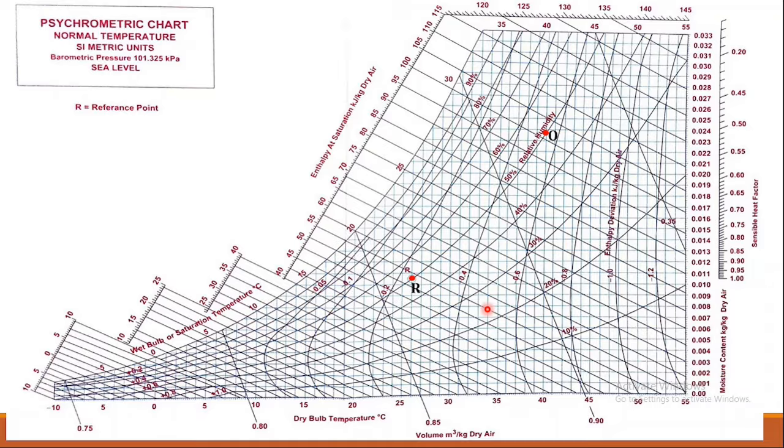Now these two streams O and R are coming together forming mixture, okay. So that condition of the mixture will be on the line joining this R and O, okay. So that is what my line is. So on this line I will get the mixture point, so it is indicated by M point. So let us first of all find out that condition which is given in the problem.